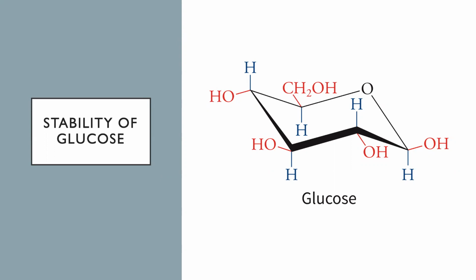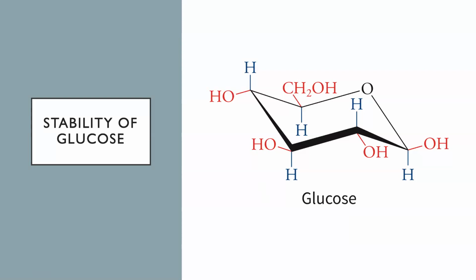In order to have those binding patterns and that geometry, it has to bend or pucker. The substituents of each carbon, whatever's bound to each carbon, can either point above the ring, which is going to be called axial, or it can point out of the ring, which is going to be equatorial. The bulky hydroxyl groups in the equatorial position are what's going to lead to stabilization.